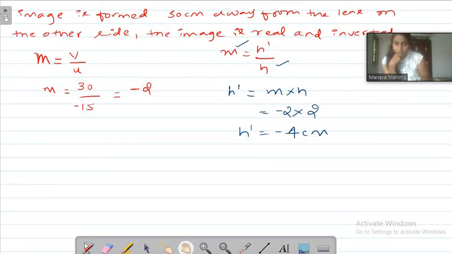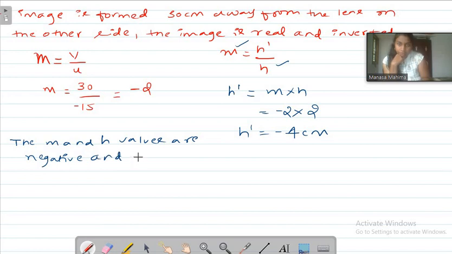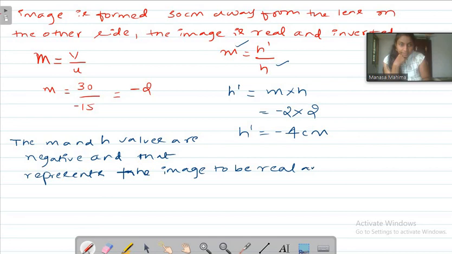So the negative signs of m and h prime, what do they represent? The m and h prime values are negative, correct? That represents the image to be real and inverted. And what else can we conclude?